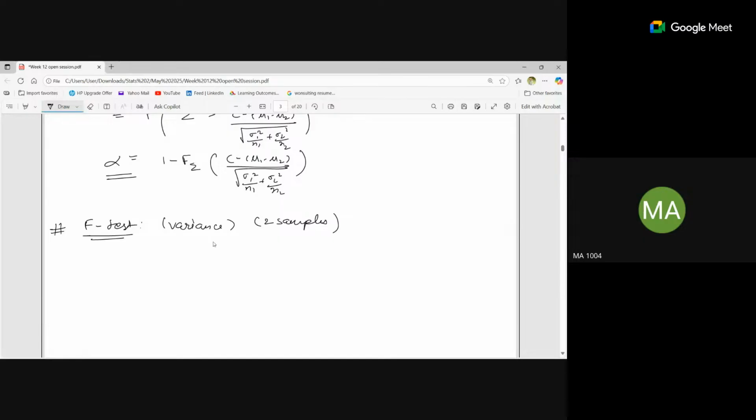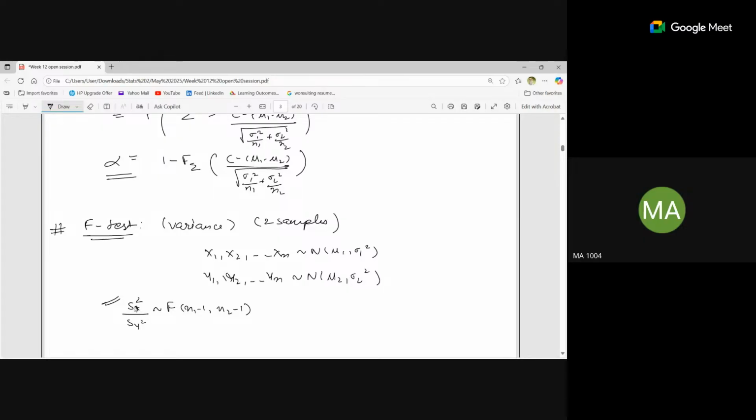Same thing: if x1, x2, xn is following normal distribution with mu1 comma sigma 1 square, and y1, y2, yn is following normal mu2 comma sigma 2 square, now in this case, my F distribution would be what? sx square divided by sy square will be following F distribution with n1 minus 1 comma n2 minus 1 degrees of freedom.